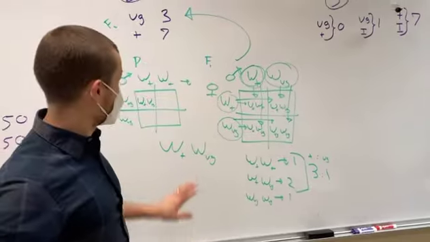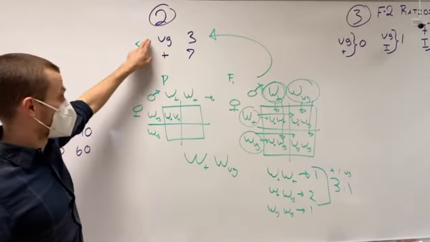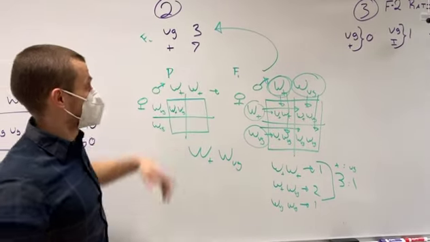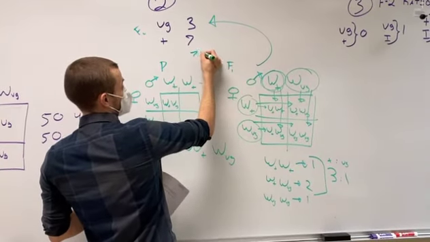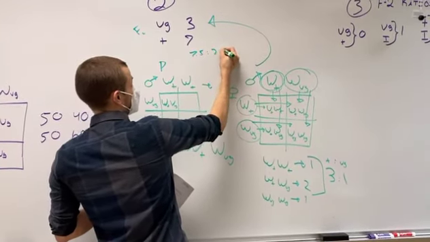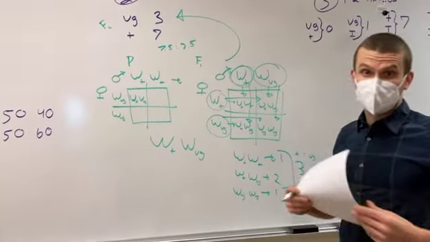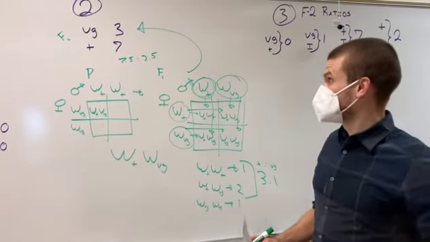That's based on these genetics. Let's take a look at our offspring. We get a ratio of 3 vestigial to 7 wild type. That's a ratio of roughly, if it was 3 to 1, we'd expect 7.5 to 2.5. As of yet, I have yet to find half a baby or 0.5 of a baby. That doesn't sound like something that biology is going to be able to deal with.